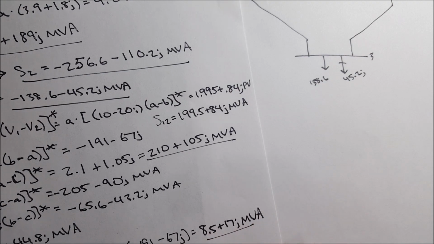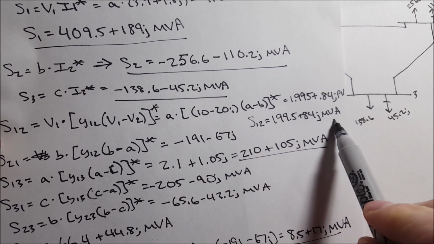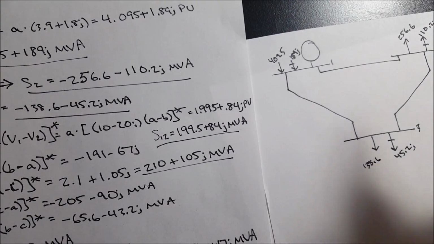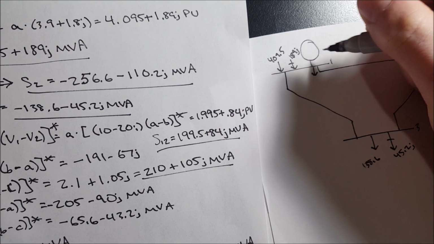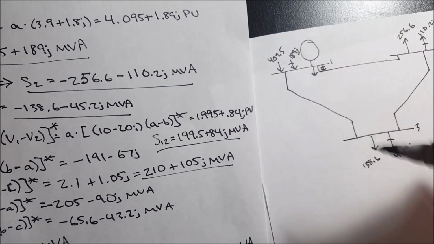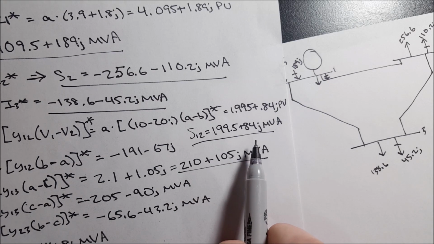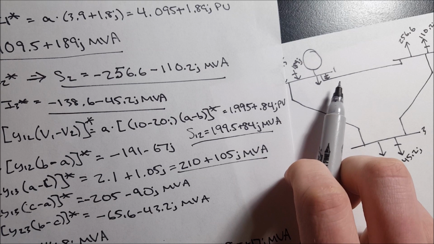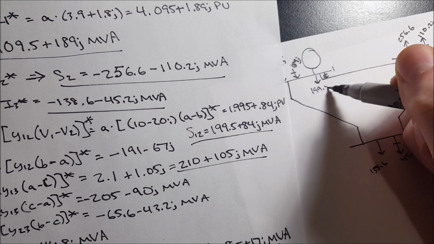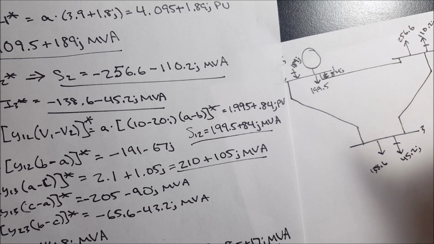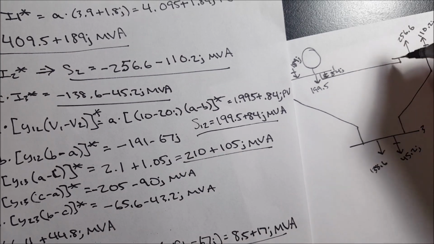And now our line powers. So we have S12 is this here. Keep in mind the direction, it's positive and positive, so the arrows are going like this. So it's 199.5, and we have 84J. And we look at 2-1, it's negative and negative, so it's going to the bus now.